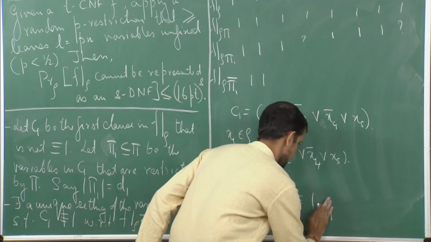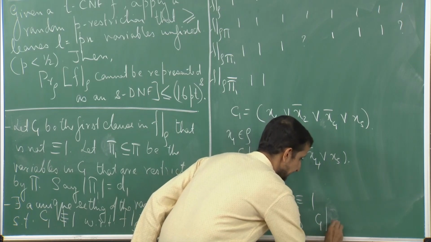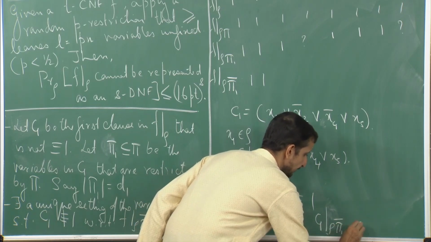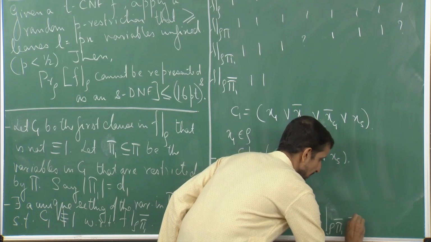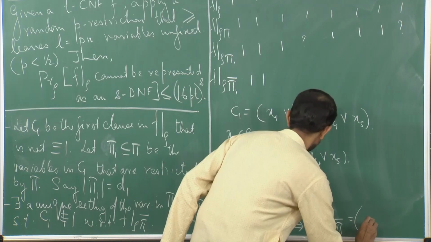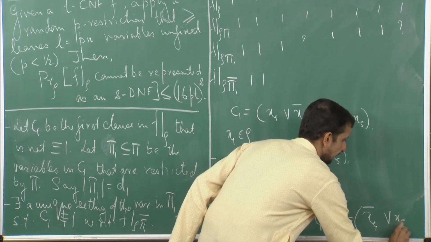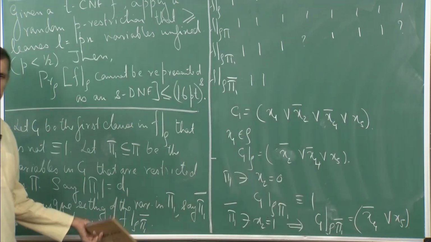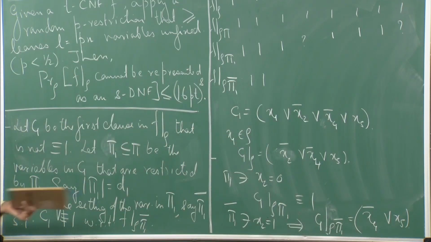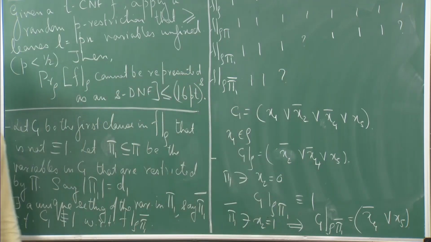C1 restricted to rho pi 1 bar is now equal to, this becomes 0, so I have x4 bar or x5. It is not necessary that it will become 0, it just becomes a question mark.